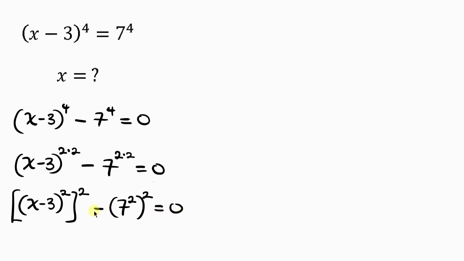Now we've achieved difference of two squares. So this is of the form a squared minus b squared, which is equal to (a − b) times (a + b). This is a property of difference of two squares.